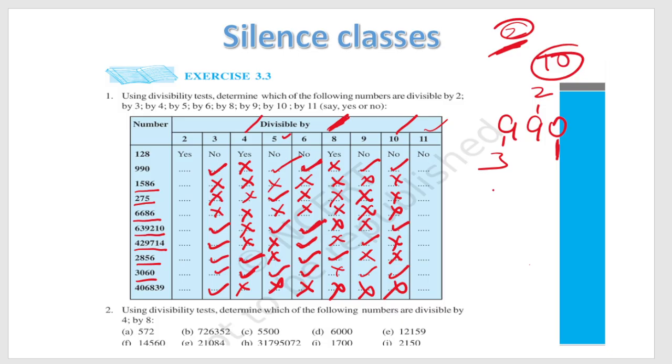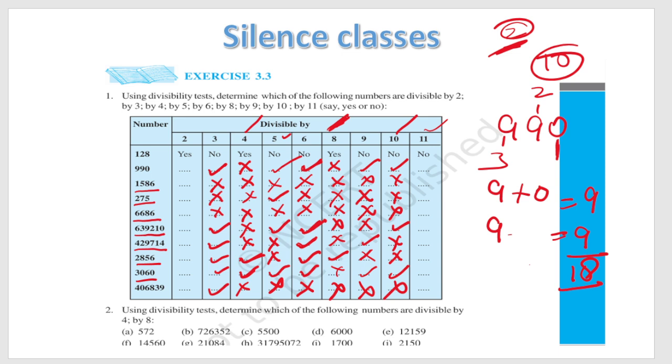We add these numbers: 9 plus 0 is 9. The even place number is 9. Then we add both the numbers, 9 plus 9 is 18, and 18 is not divisible by 11.